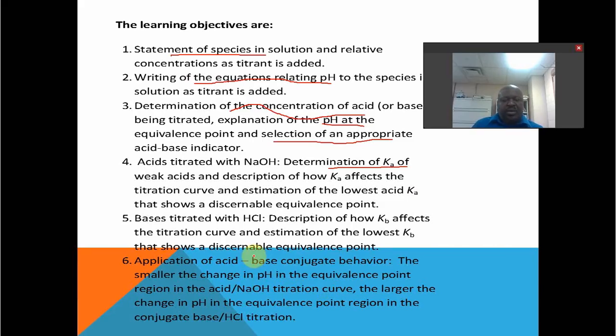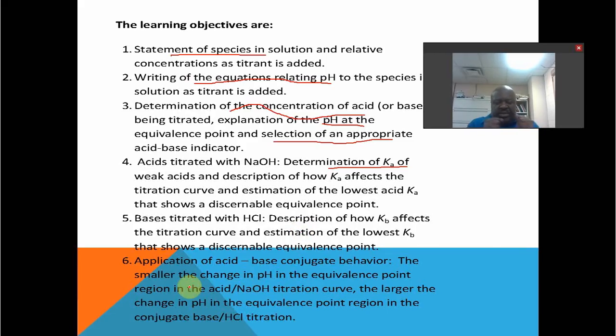And then we also want to get some idea of how far low you can force the titrations to go. Can you titrate every Ka, or is there a limit at which the thing doesn't titrate meaningfully? And so we'll look at that as well.